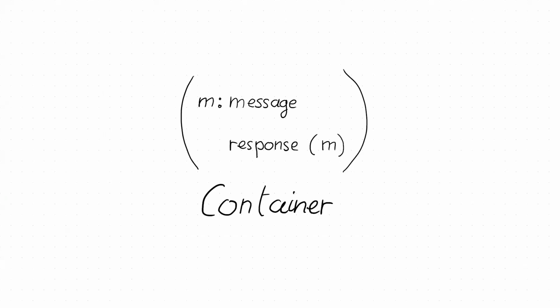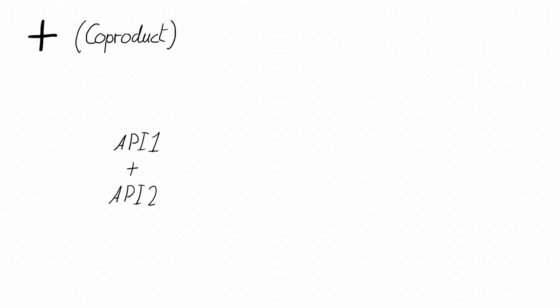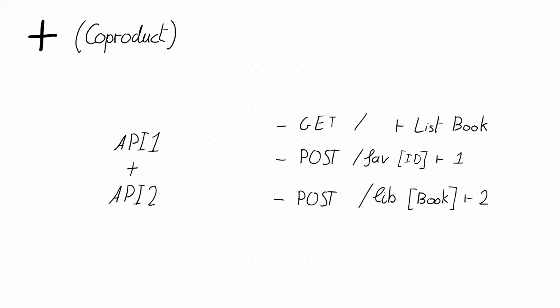This is very important because one of the things we want to do is use a co-product of APIs by saying, I'm exposing an API, but I'm exposing a choice of actually two APIs. Either you can call this one and get the response for it, or call this other one and get its response.